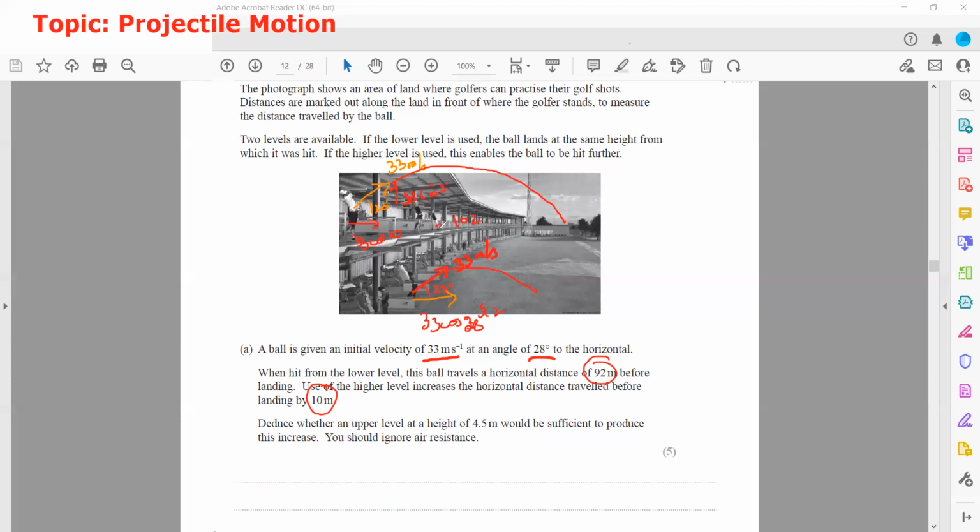We have the distance here and we have the horizontal component. So we'll find how much time it will take to reach the same level. And using this time, we will work out the component of the velocity, what velocity it will hit the ground.